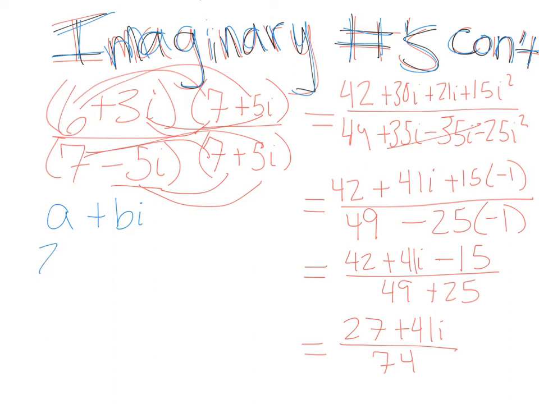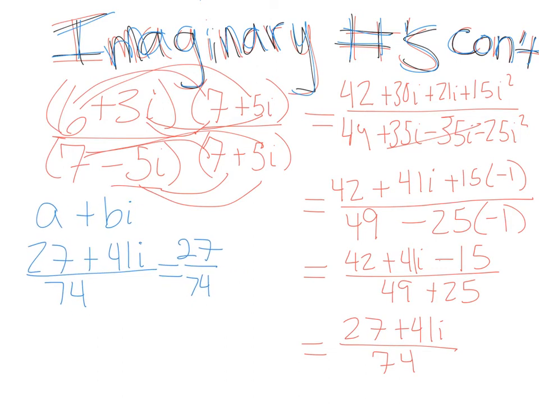So I need to take 27 plus 41i over 74, and now I'm just going to split it into 27 over 74 plus 41 over 74i. So now I have it split into the real portion of my number and the imaginary.